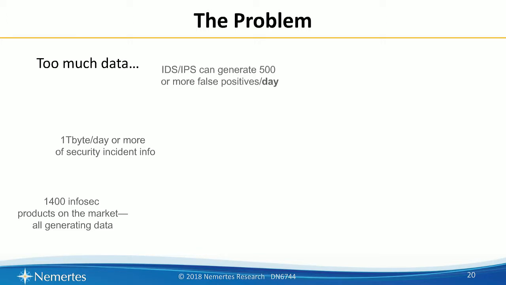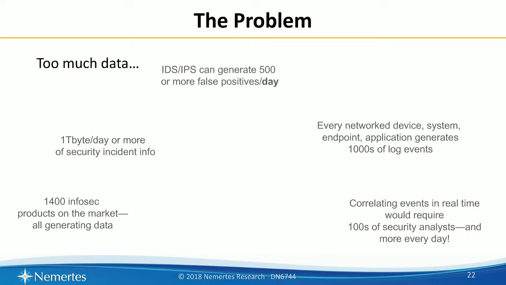But if your system is generating hundreds or even thousands of false positives a day, and if every networked device, every security system, every operating system, every appliance, every switch, router, hub, WAN optimizer, SD-WAN appliance, etc., is generating thousands of log events a day, in addition to what things like an IDS or IPS generates every day, the net result is that the task of correlating events, analyzing events, and understanding, in anything approaching real time, what's a real threat that needs to be responded to and what can safely be ignored, would require hundreds of security analysts devoted all day, every day, to the project of analyzing that data.